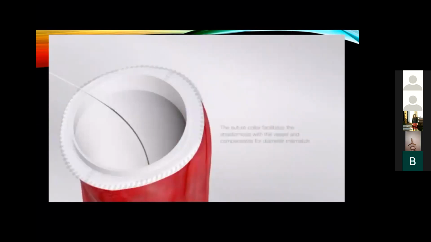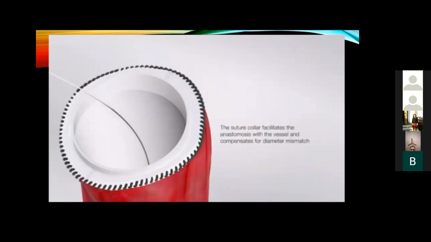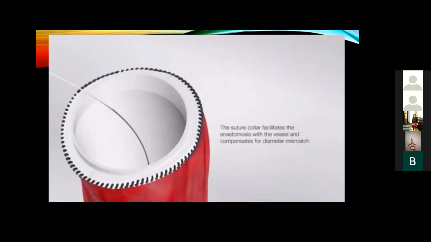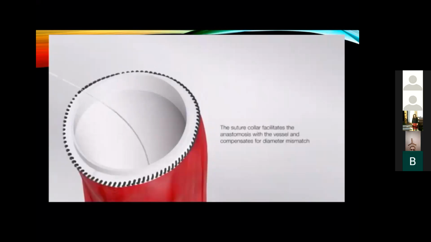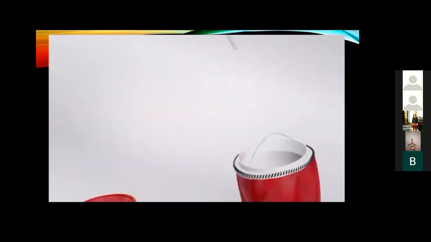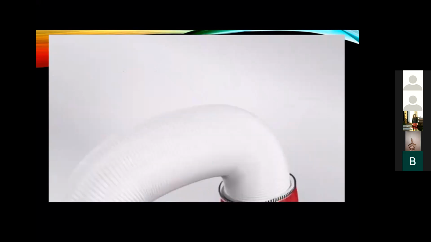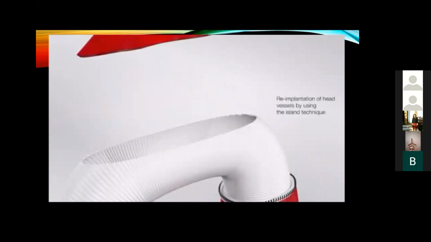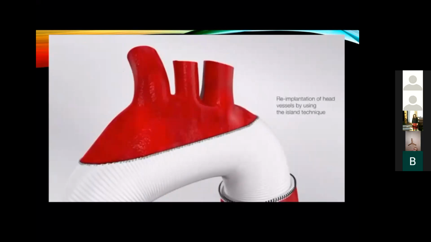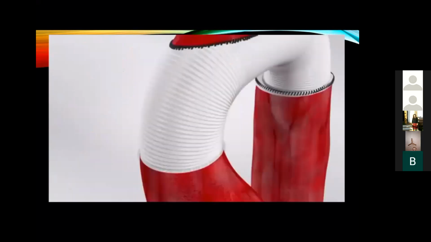When the stent is inside, we suture the stent with the false and true lumen so there is no gap. Now we pull the vascular graft, which was everted. Now we pull the whole thing. Now you cut the upper part, and with the island technique we put in all the arch vessels.